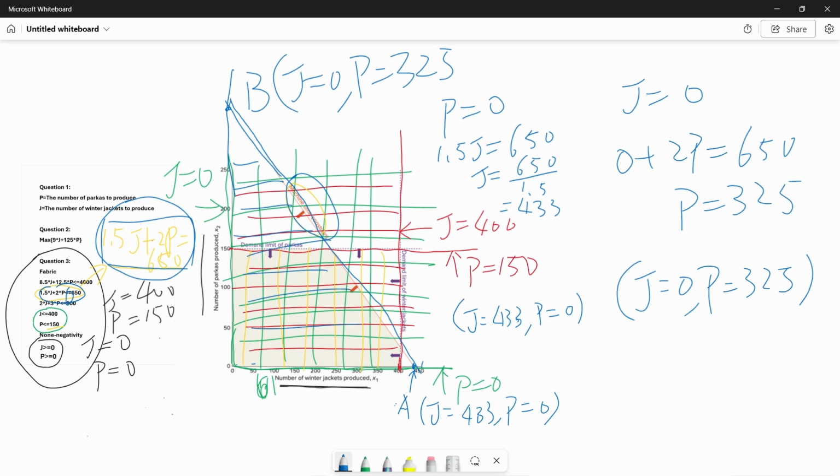Okay, now you will ask, Dr. J, why do we need to identify those areas, okay? Later on, I will show you the final answer after we identify the fabric constraint and also the labor constraint. The reason we identify those areas, I use different colors for them, is that in order to find the feasible area, you are looking at the overlapping areas, okay?